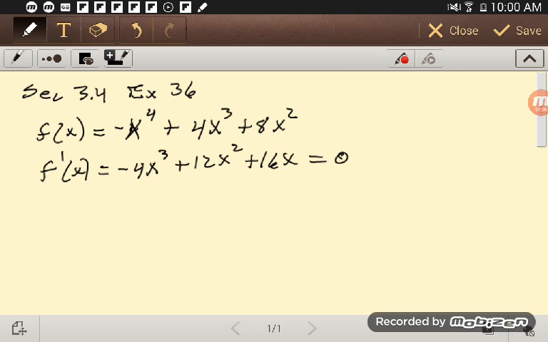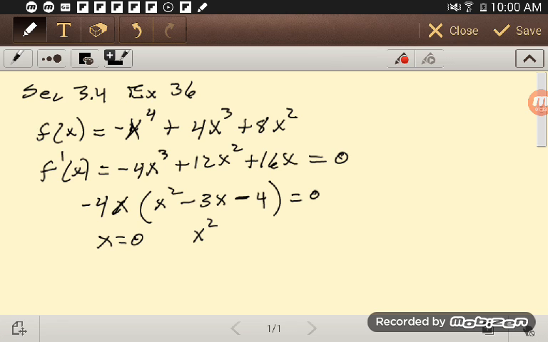Now I can factor out an x and a 4, as a matter of fact. So I'm going to factor out a negative 4x, and I'm left with x squared minus 3x minus 4 equals 0. So certainly x could be 0.